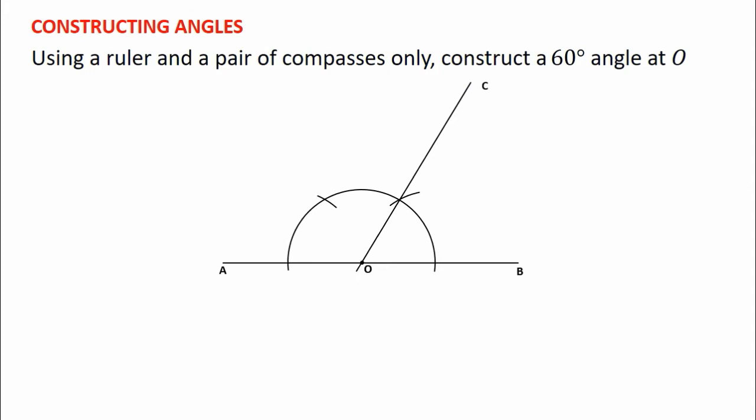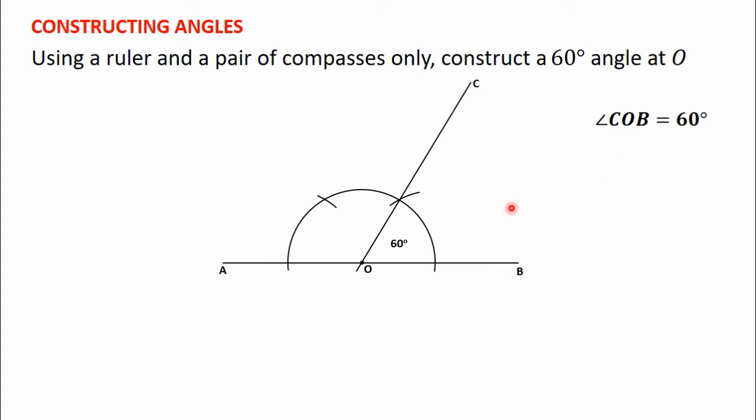Let's call this point point C. If this point is point C, then angle COB, that's the angle formed between the line OC and OB, will be 60 degrees. So it means that the angle here, angle COB, is 60 degrees.